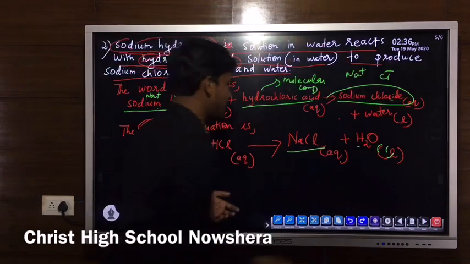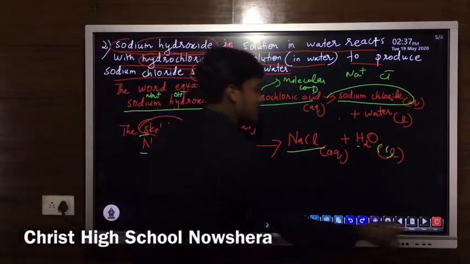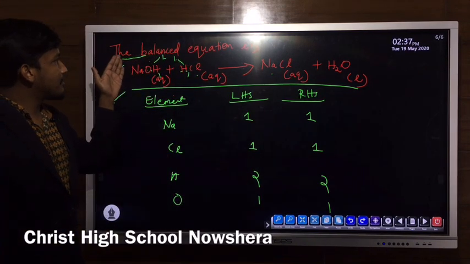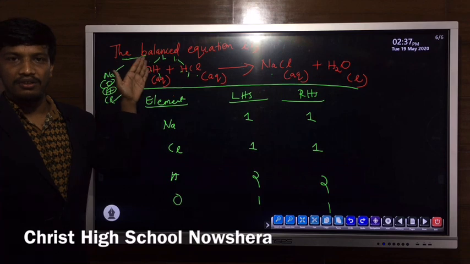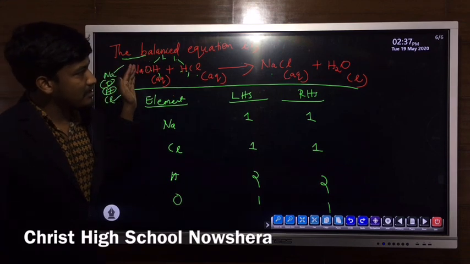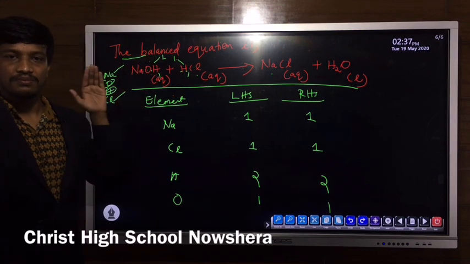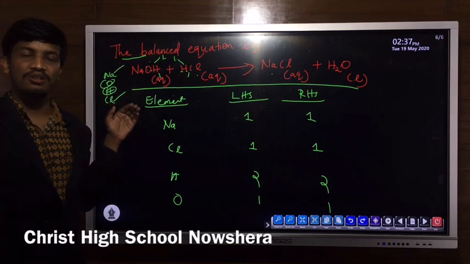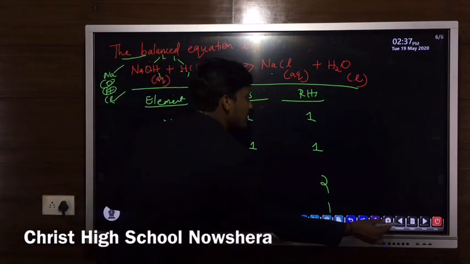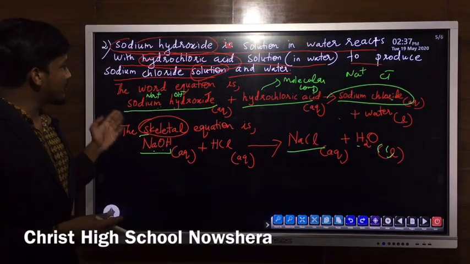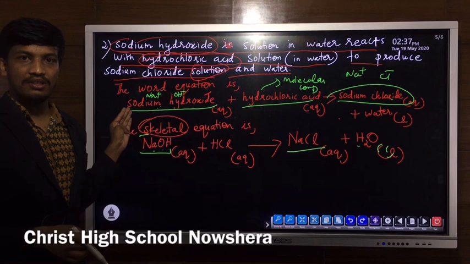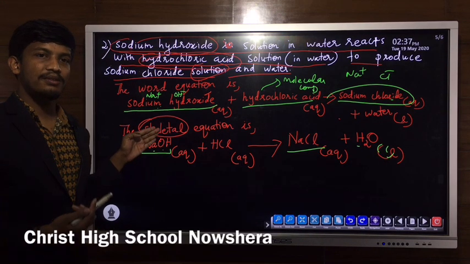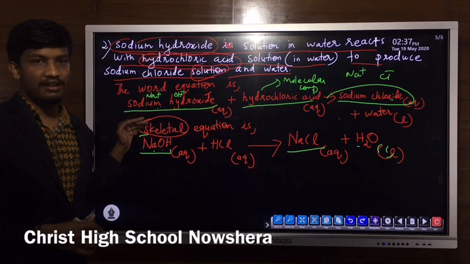The unbalanced equation and the balanced equation are both the same. So like this, we can find the balanced chemical equation of any chemical reaction. You have to write down the word equation. After writing the word equation, find out the chemical formulas. We have the unbalanced equation, and balance it. We will get the answer. Thank you.